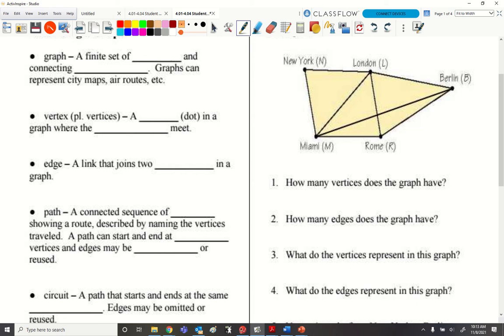Okay, that's good. So 1, 2, 3, 4, 5. All right. How many edges does this one have? Counting edges is easy if you trace it out. As you count an edge, you trace it so you can see that you did count that one, or mark it off, or highlight it, or whatever you want to use.